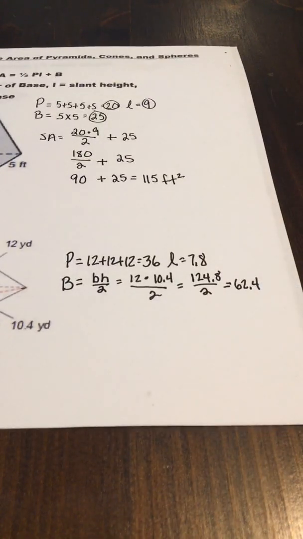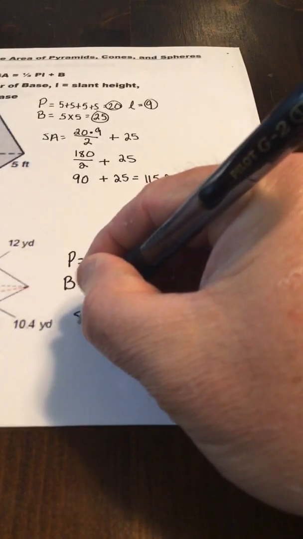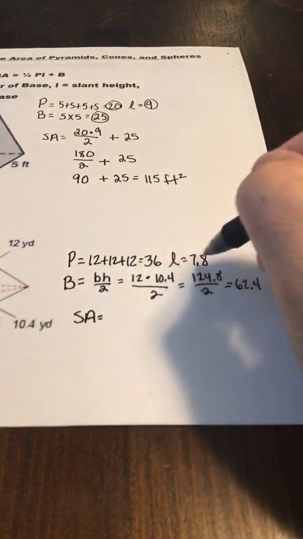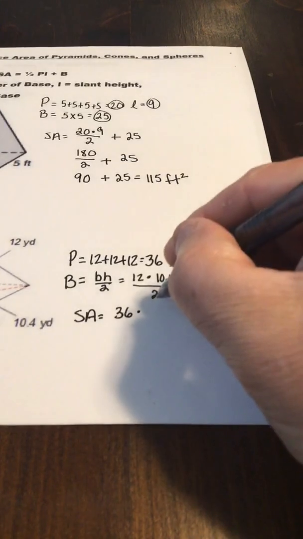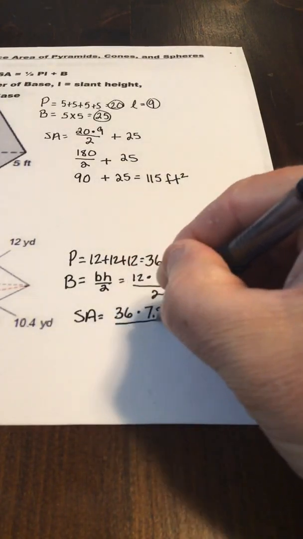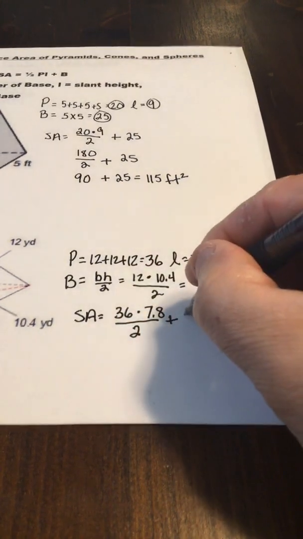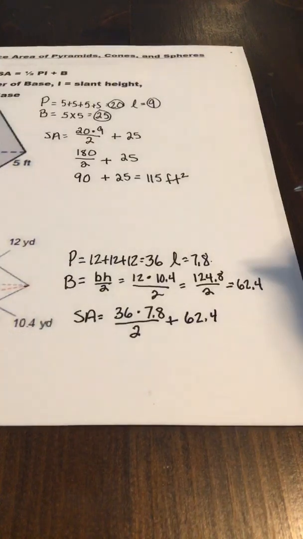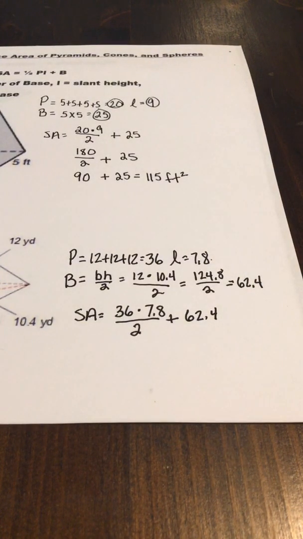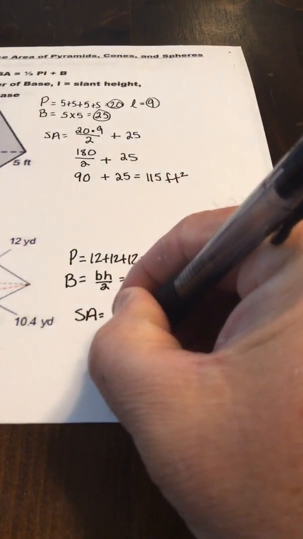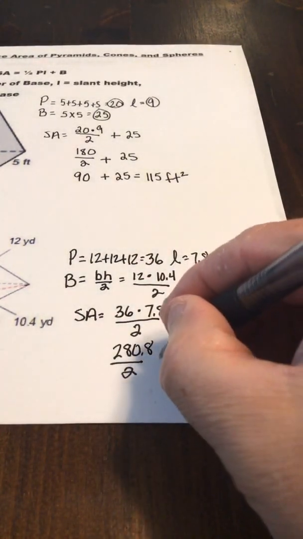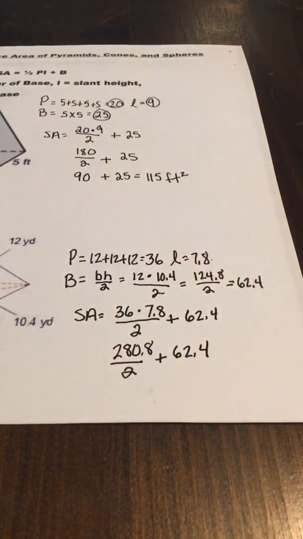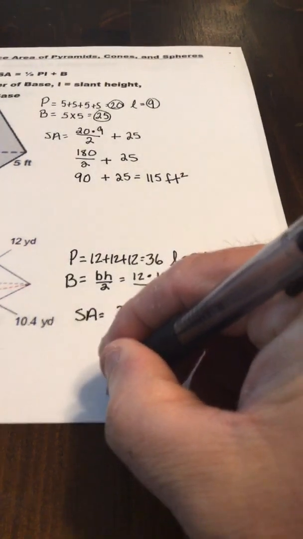Alright, now I'm going to plug those in. So to find the surface area, I take P, which is 36, times L, which is 7.8, divided by 2, and I'm going to add big B to it. 36 times 7.8 is 280.8, divided by 2, plus 62.4. 280.8 divided by 2 is 140.4.